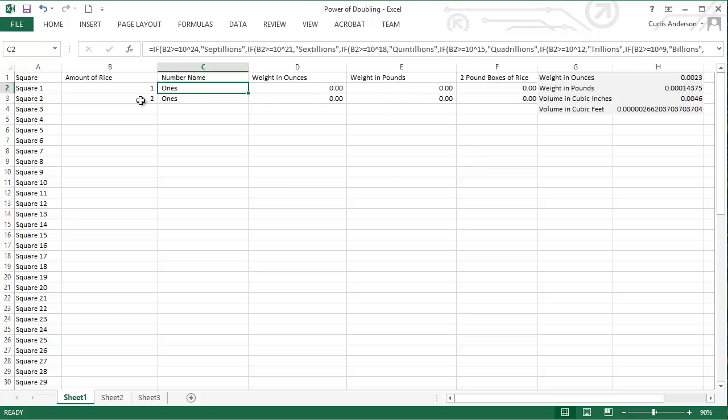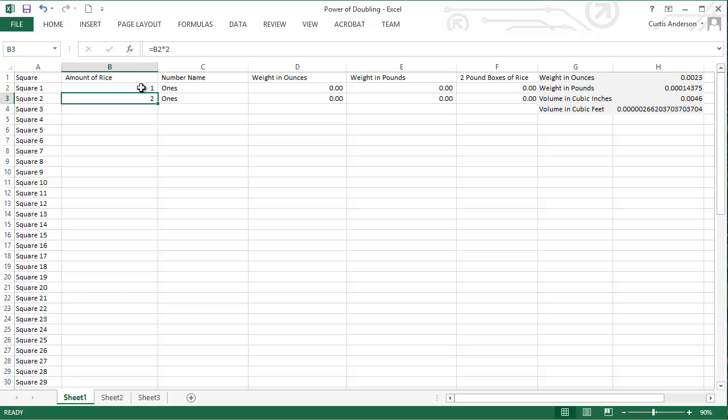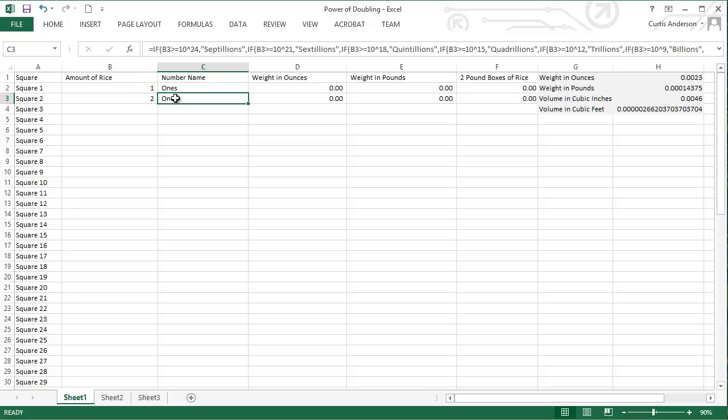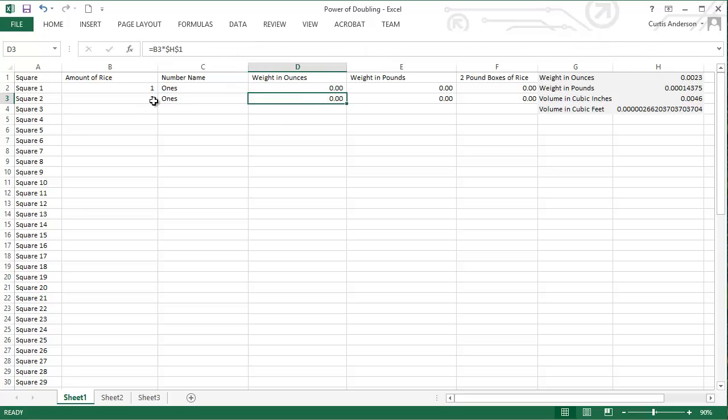So for the second square, I'm taking the amount that was in the first square, which is 1 grain of rice, and multiplying it by 2. Again, this here will give us a name. For the weight in ounces, all I'm doing is taking the weight of one grain in ounces and multiplying it by the number of grains of rice. For the weight in pounds, I'm taking the weight of 1 grain of rice in pounds and multiplying it by the number of grains of rice we have.